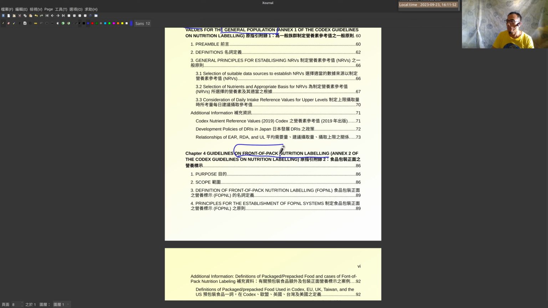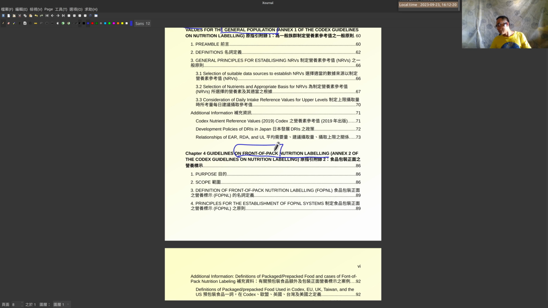Front of pack in the past 8 years was not so popular, but after we published the book, until this moment about 13 months have passed, and I observed the supermarket. There are many products. They started to use the nutrition labeling on the front of pack.